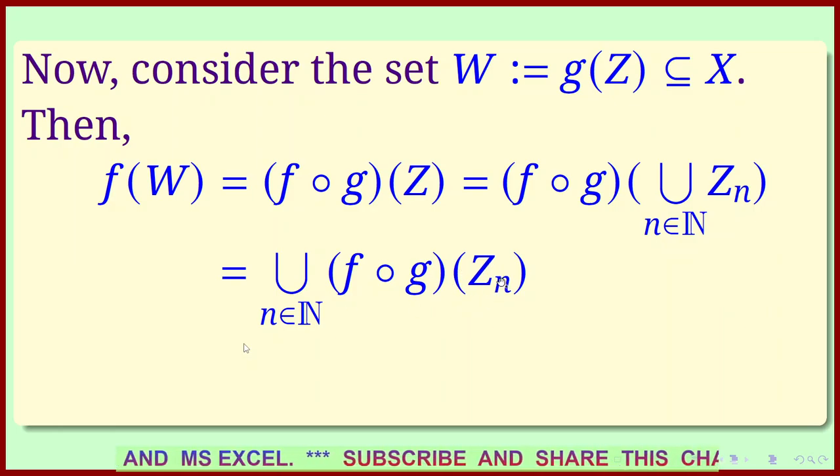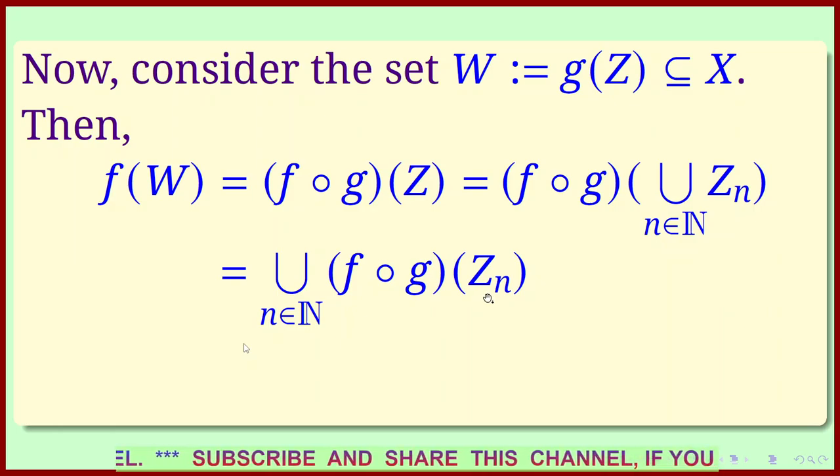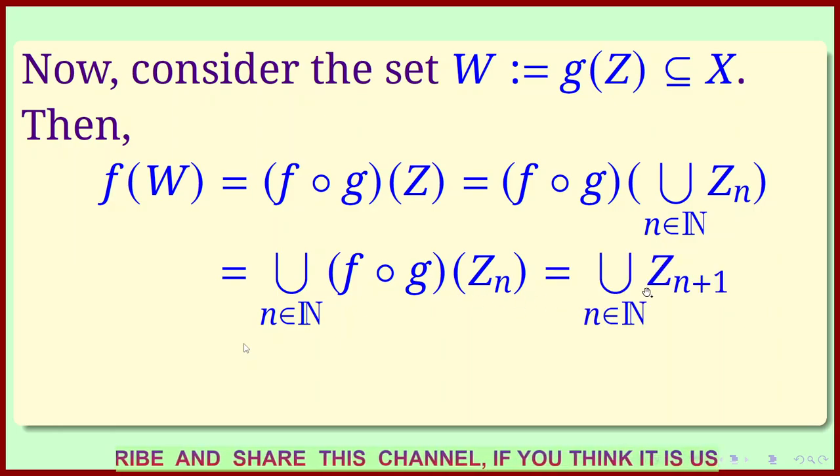And from the definition of zn plus 1, this is actually equal to zn plus 1. Okay, we have defined our zn iteratively by applying f composite g on each term to get the next term. So if you apply f composite g on zn, you will get zn plus 1.